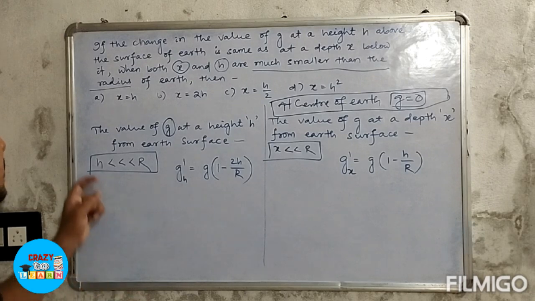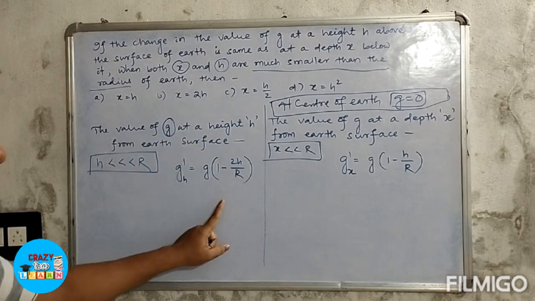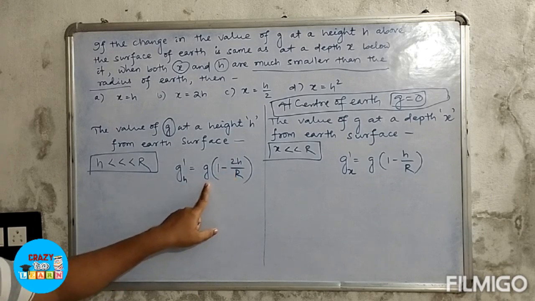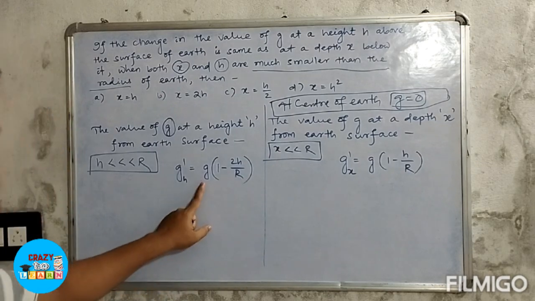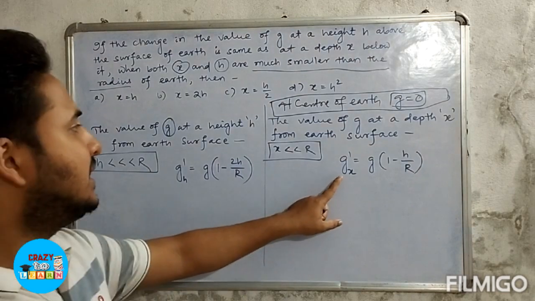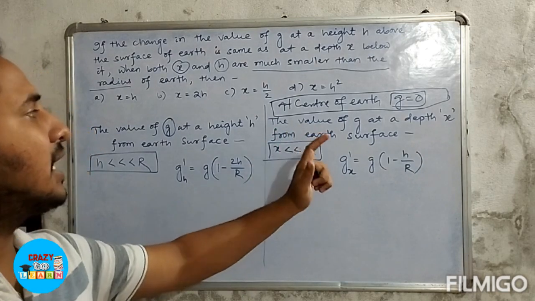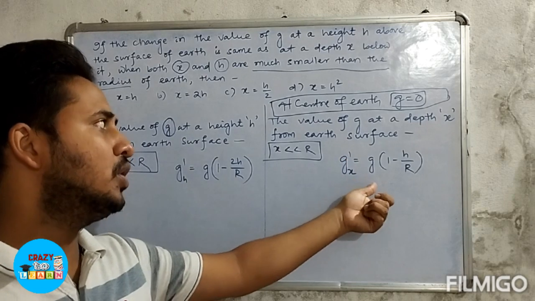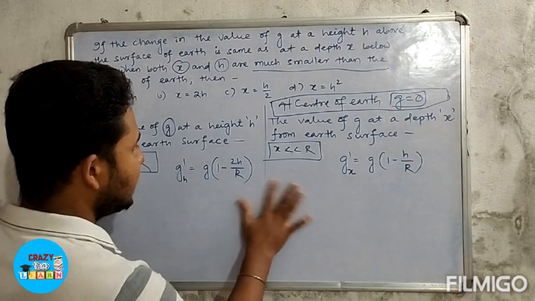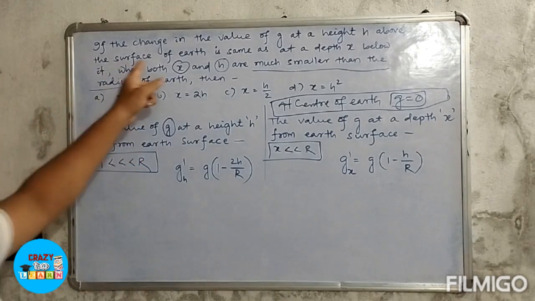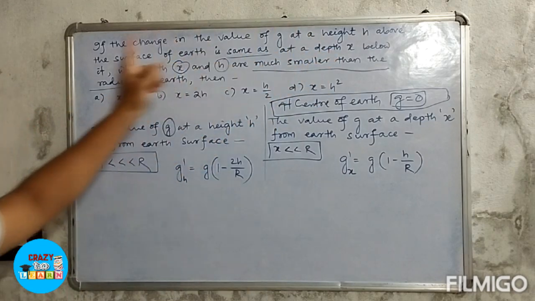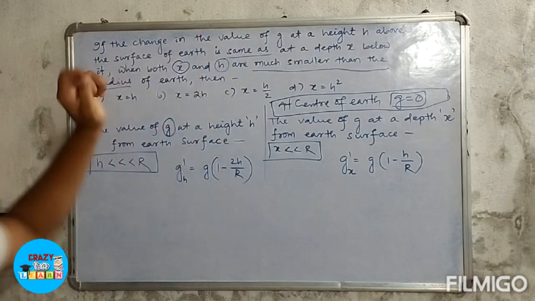So now come to our question. The value of g at height we got here is g into 1 minus 2h by r, where small g is the normal acceleration due to gravity, which we take as 9.8 meter per second squared, and g x dash is the value of g at the depth x from the earth's surface, equal to small g into 1 minus x by r. And it is given to you that the value of g at height h above the surface of the earth is the same as that at the depth x below.